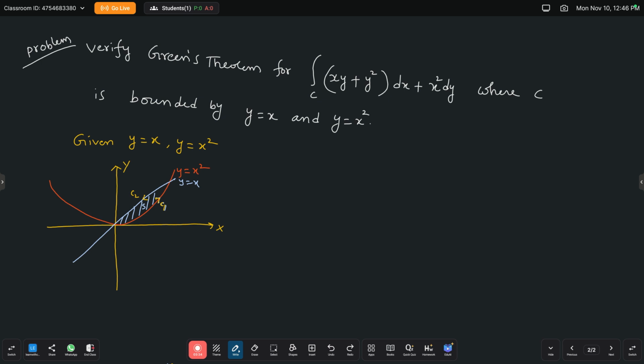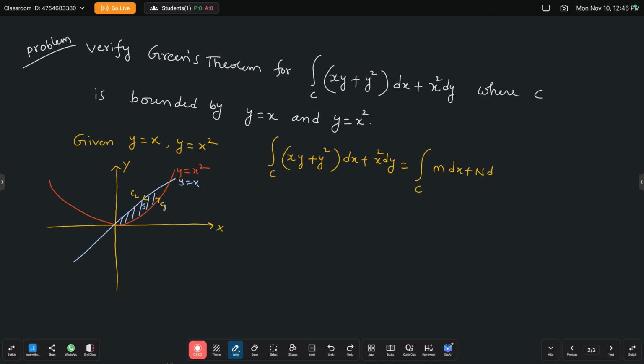Now here in the given question, the integral over C of xy plus y square dx plus x square dy. If you compare this given statement with the Green's theorem statement, it is nothing but like this, integral of m dx plus n dy.